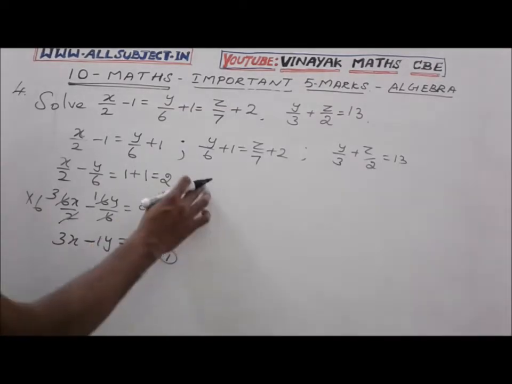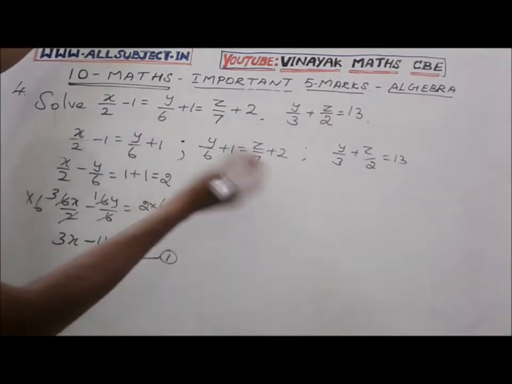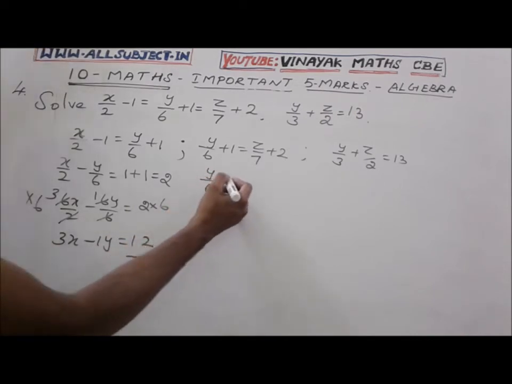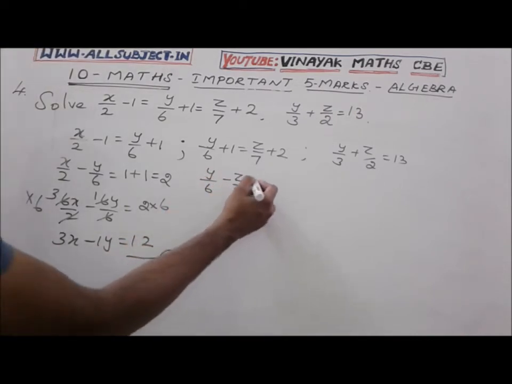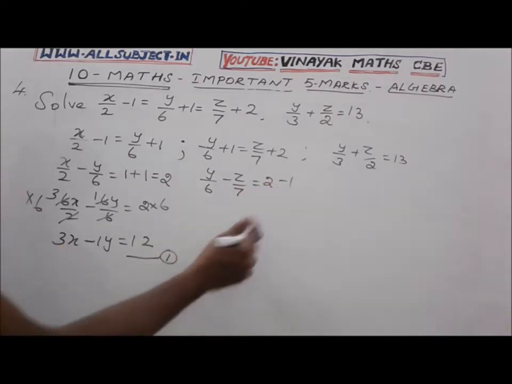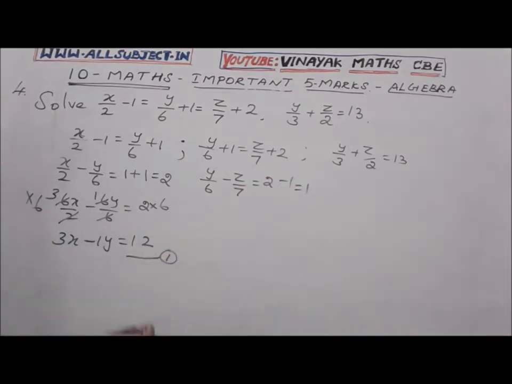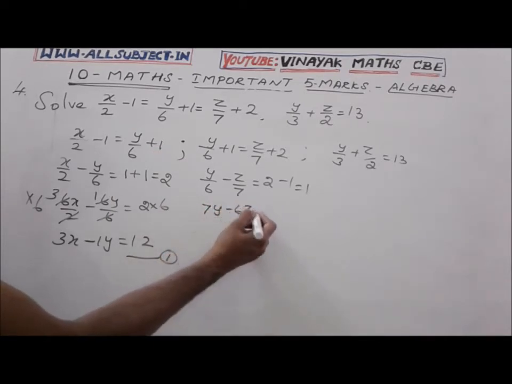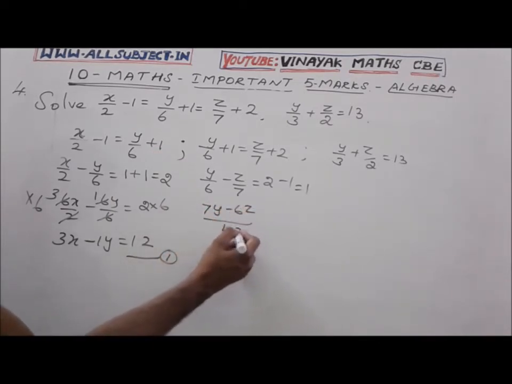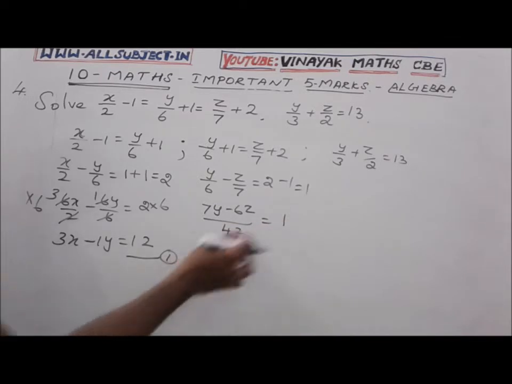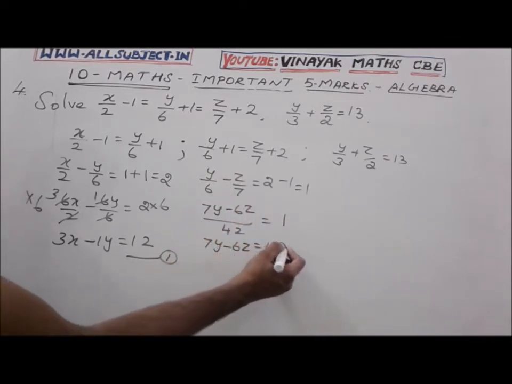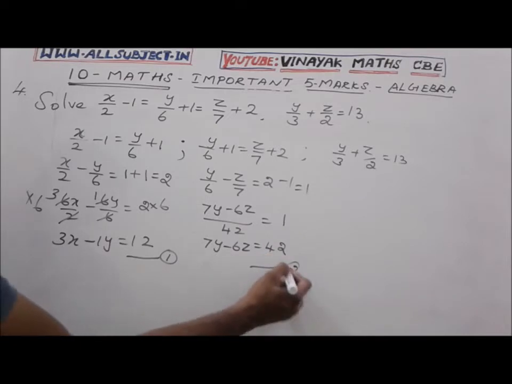And here also grouping constants one side and variables on the left side, we have y by 6 minus z by 7 equal to 2 minus 1, which is equal to 1. Now taking LCM, cross multiply, 7y minus 6z by 42 equal to 1. Now cross multiplying, 7y minus 6z equal to 42. Let it be equation number 2.